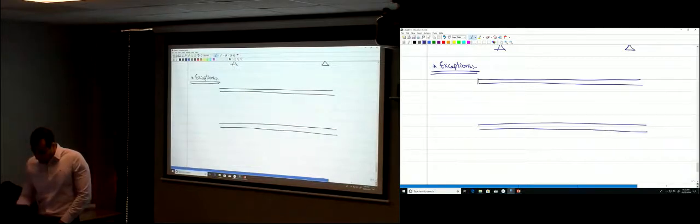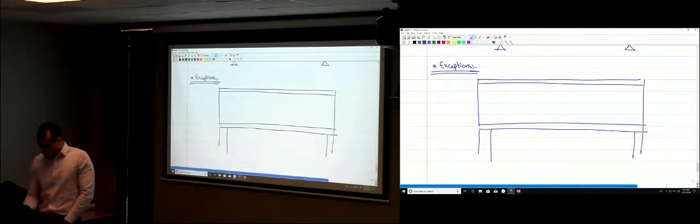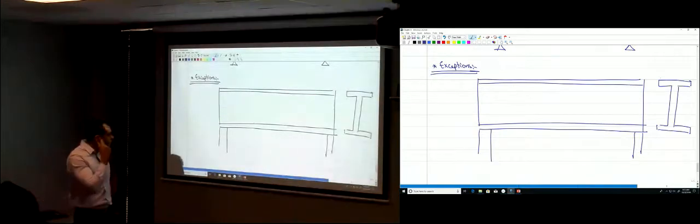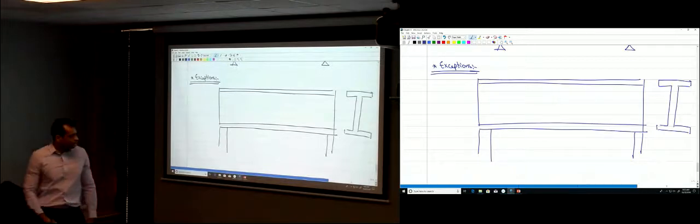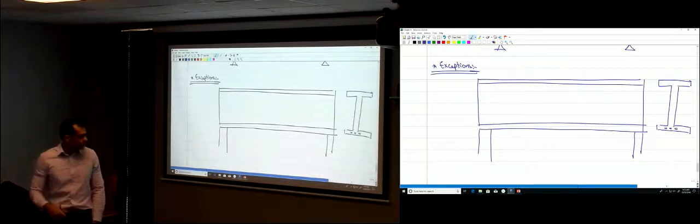This is your beam, and this is the column here. If you take a section, your beam looks like an I-beam, a reinforced concrete beam that looks like an I-beam. And still, it's concrete, it's not steel. So in this section, you have some steel here, it's reinforced concrete.